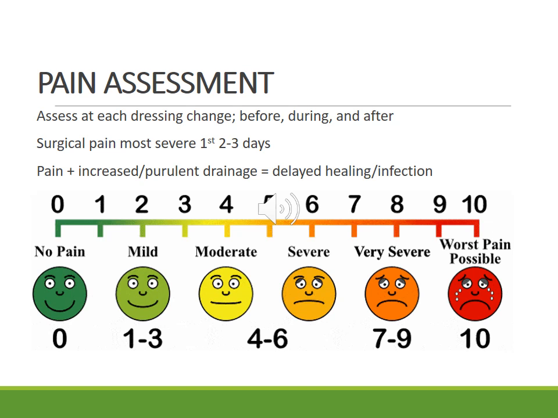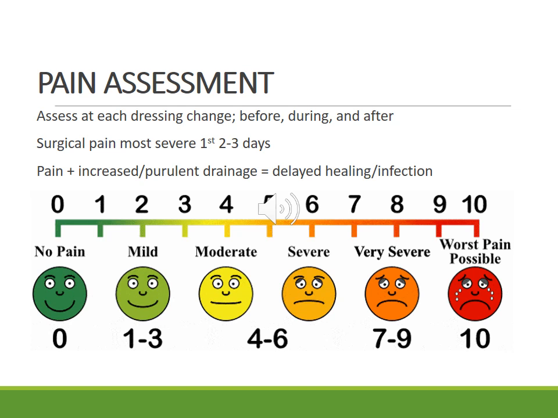When we are assessing a wound, we always want to make sure we're getting a pain assessment. So this gives you here on this slide a 0 to 10 scale. We are asking our patients before their dressing changes, we're assessing what is their pain level. And then we always want to assess their pain level afterward.